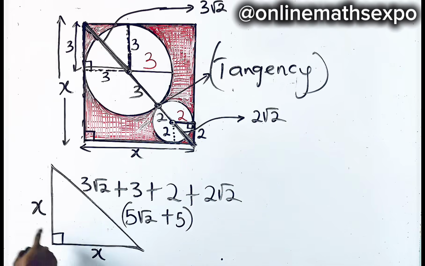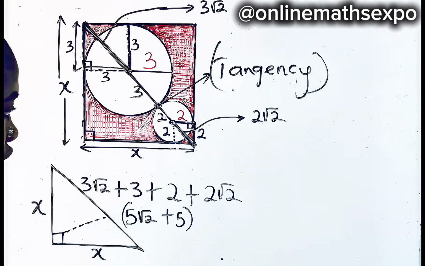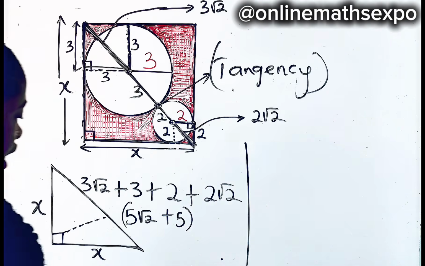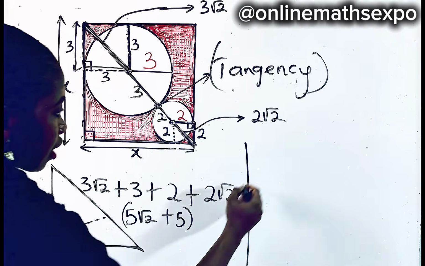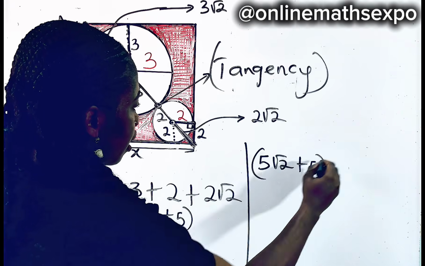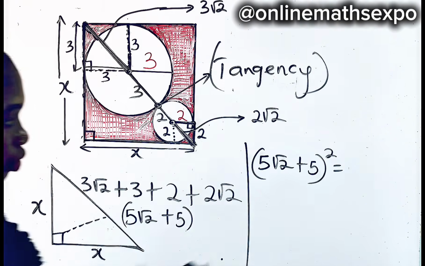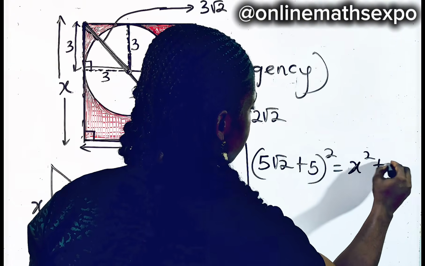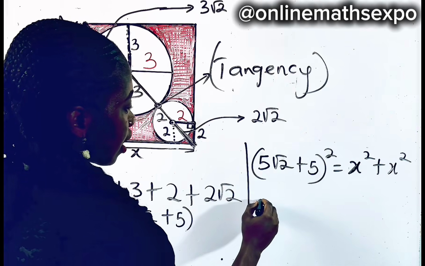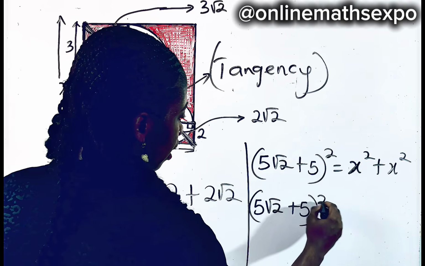Now to get the value of x, remember that this side is the side opposite to the right angle. So if you apply your Pythagoras' theorem, we have this side squared, 5 root 2 plus 5 squared, is equal to these two sides squared and summed. So we have x squared plus x squared, and that gives us 5 root 2 plus 5 all squared.